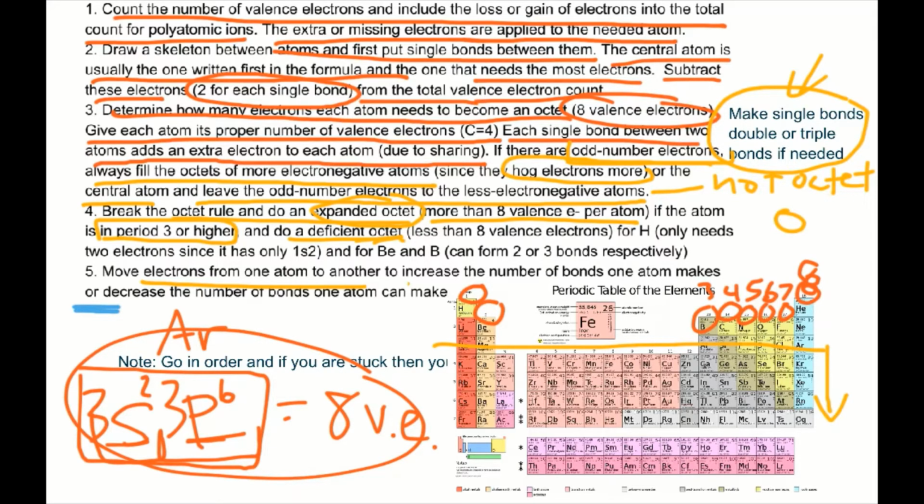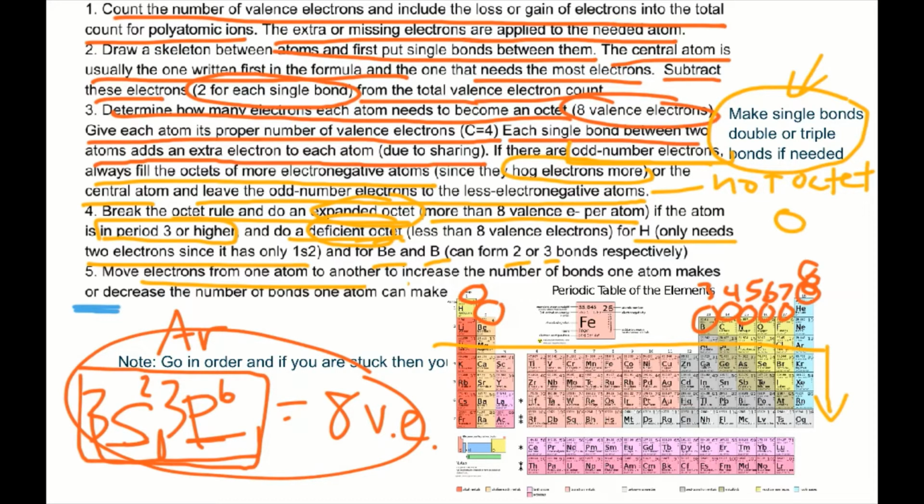And there's something called a deficient octet. Now, this occurs when an atom has less than 8 valence electrons, and this occurs for hydrogen, since hydrogen only needs 2 electrons, and it occurs for beryllium, which can form up to 2 bonds, and boron, which can form up to 3 bonds. So keep these in mind when you're doing Lewis structures.